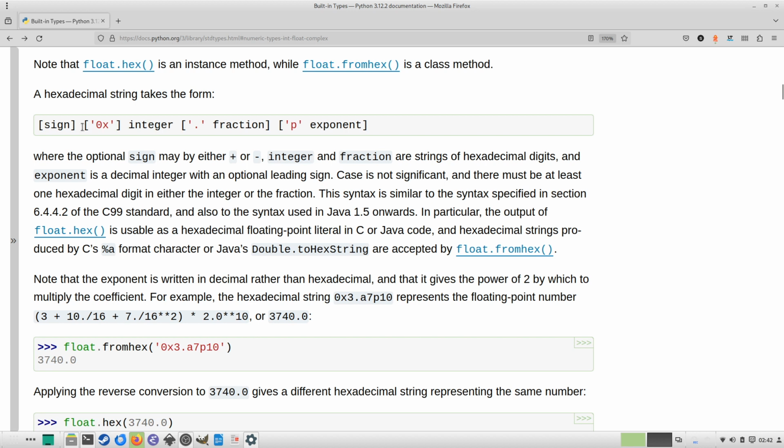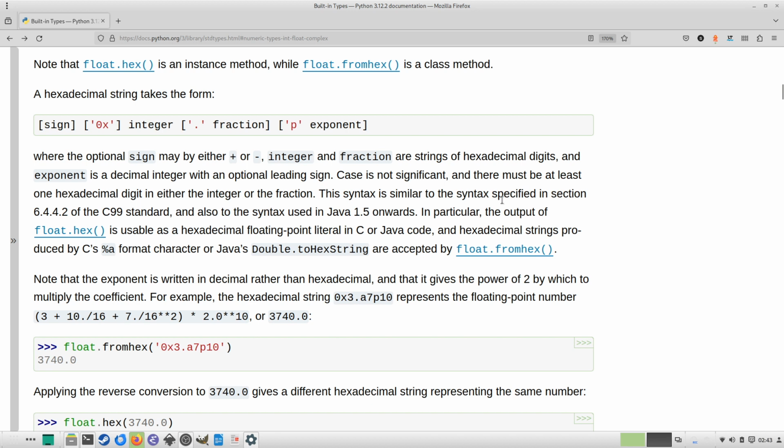So this is the representation or format of floating point numbers, where the optional sign may be either plus or minus. Integer and fraction are strings of hexadecimal digits, and exponent is a decimal integer with an optional leading sign. Case is not significant, and there must be at least one hexadecimal digit in either the integer or the fraction.